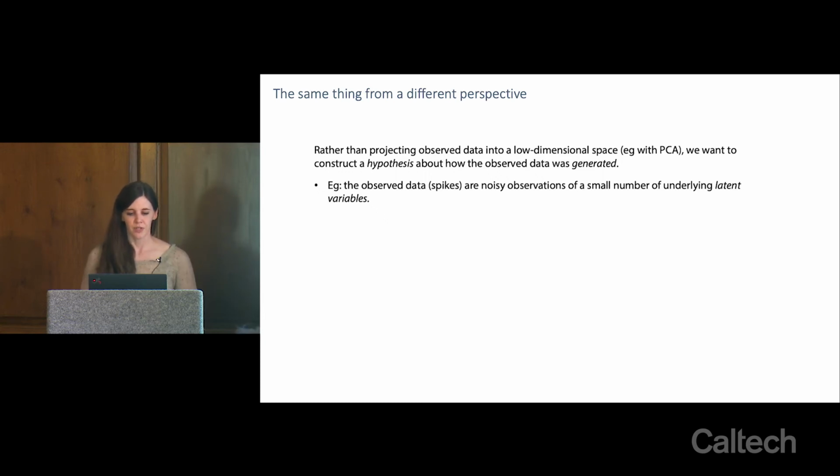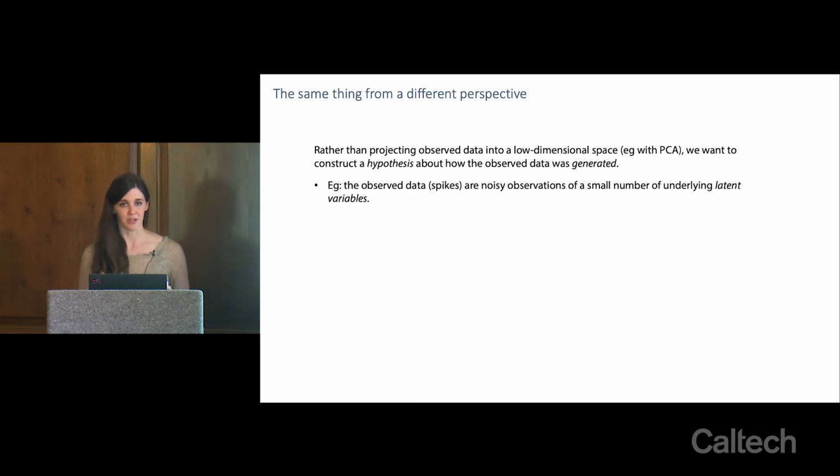So rather than thinking of PCA as just finding an axis on which to project your neural activity, you can think of dimensionality reduction as constructing a hypothesis about how the data was generated. So if you think that the observed spikes are noisy observations of some underlying signal, then that is a hypothesis that you could design a form of dimensionality reduction to test.